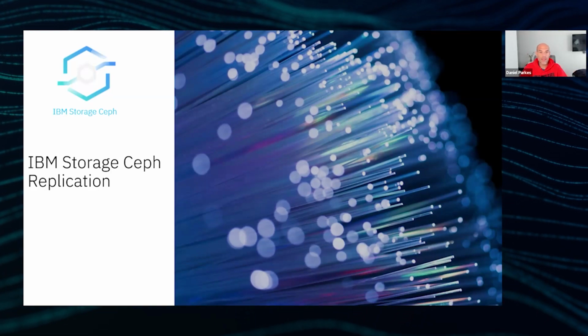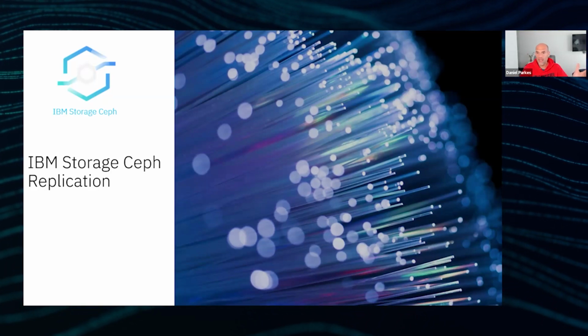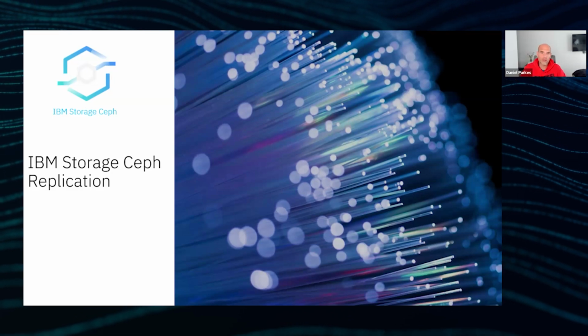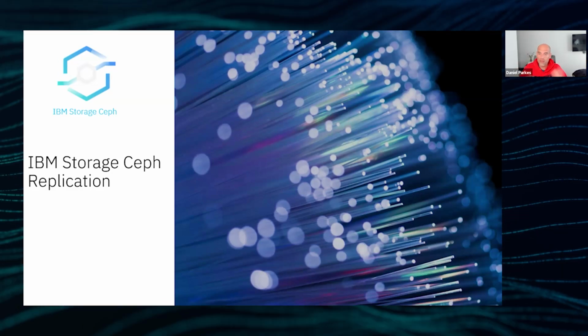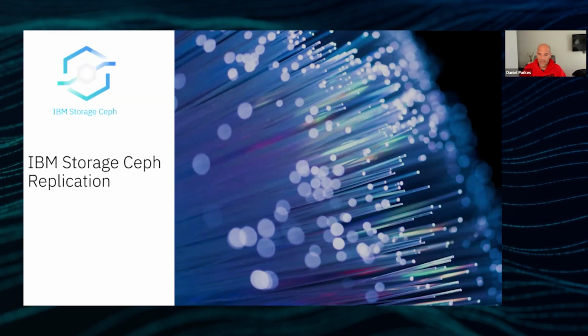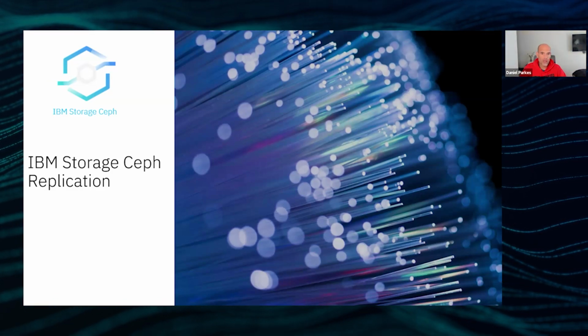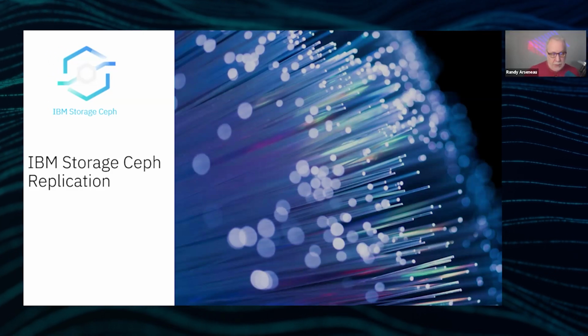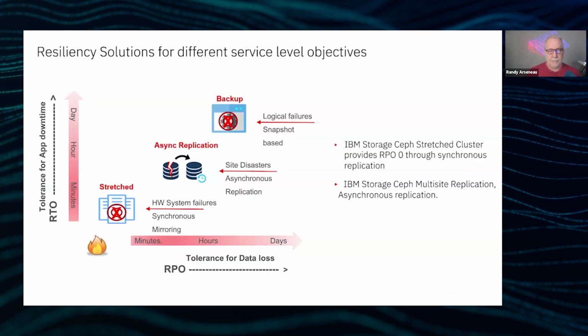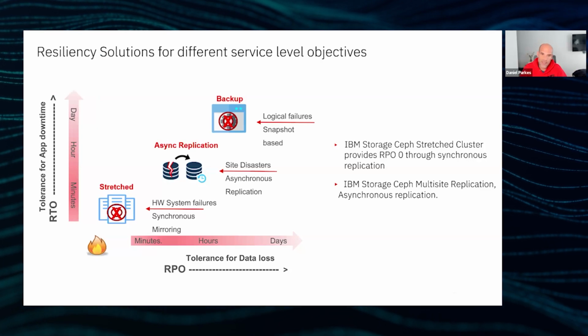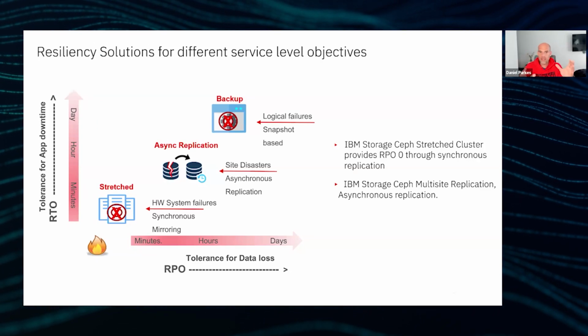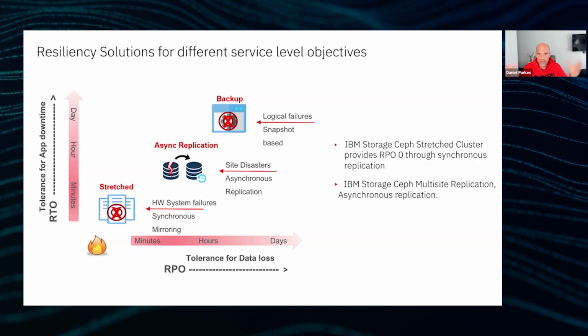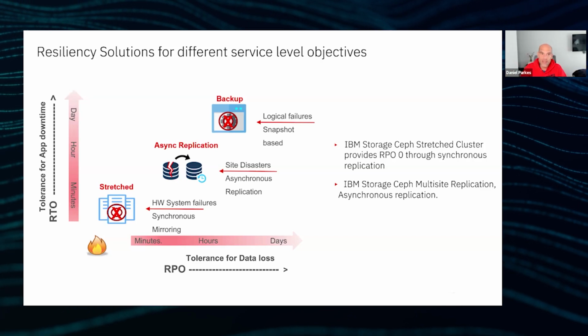With that in mind, I have some slides just to give us a little bit of visuals and graphics as we talk. But in any case, Randy, with whatever questions you have, we can have a discussion. Just to bring a little bit of context, I had this initial slide here, not based specifically on Ceph, but on resiliency in general.